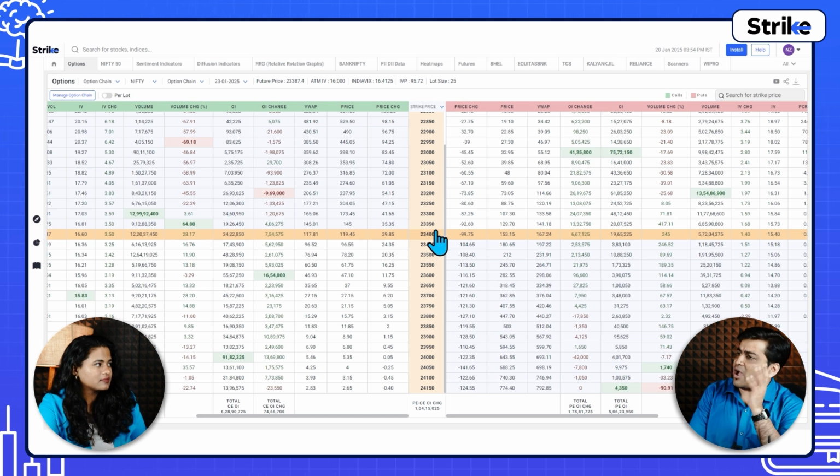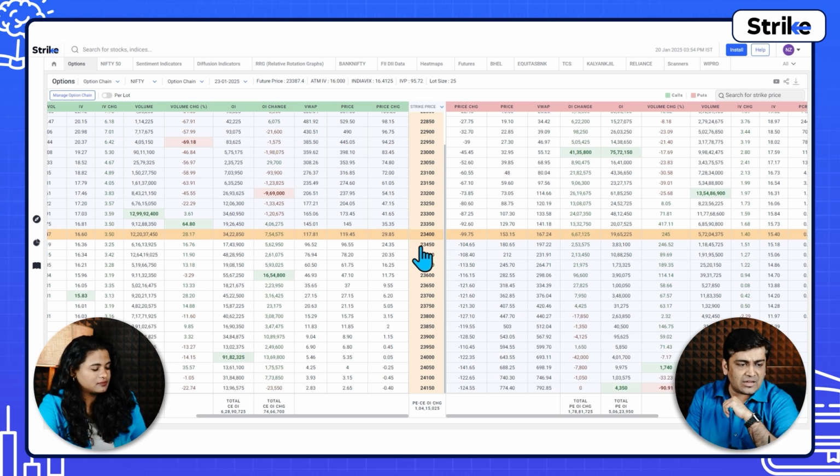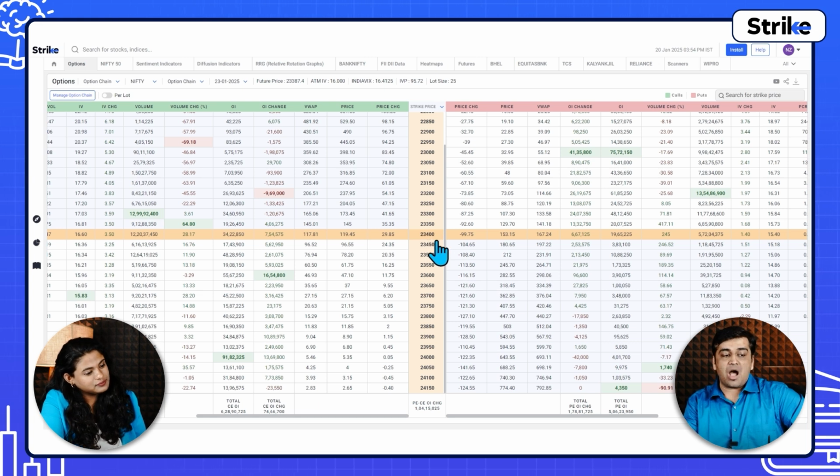If the current level is 23,400 and the put price is around 150 rupees, I'm just rounding it off, then when you expect the market to fall from 23,400 to below 23,250 levels, that is 23,400 minus 153, only then will it make sense for you to buy this particular put option.